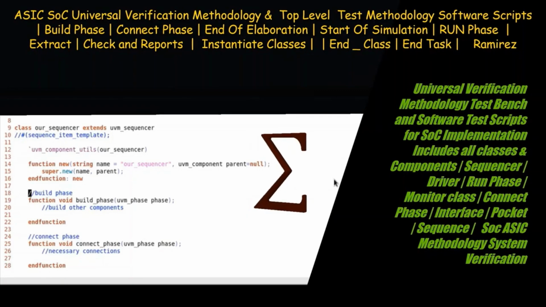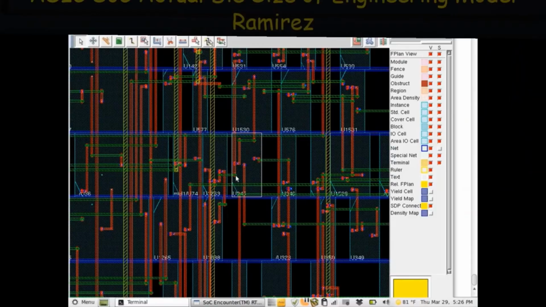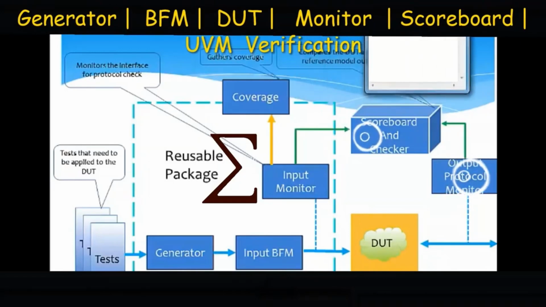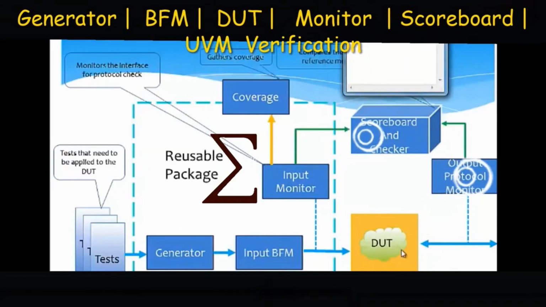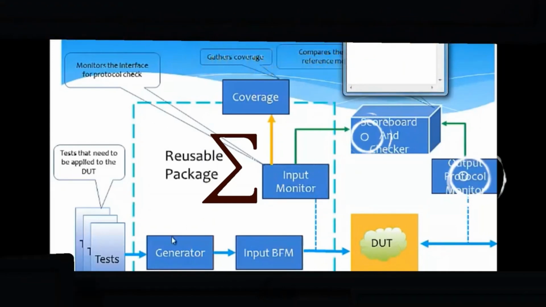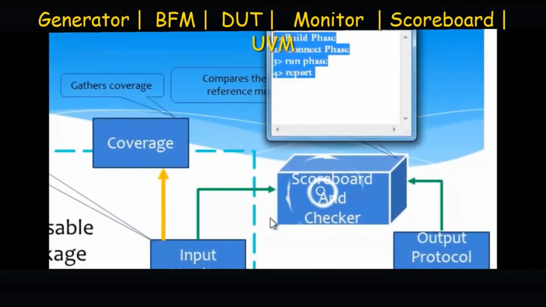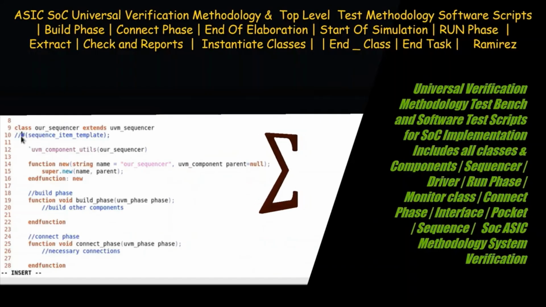The input packet and the output packet response are fed to the scoreboard and checker, which compares the response from the DUT, the device under test, and the reference model output.